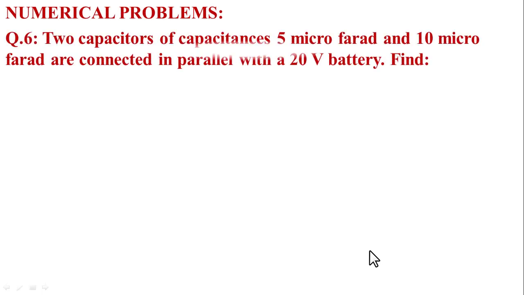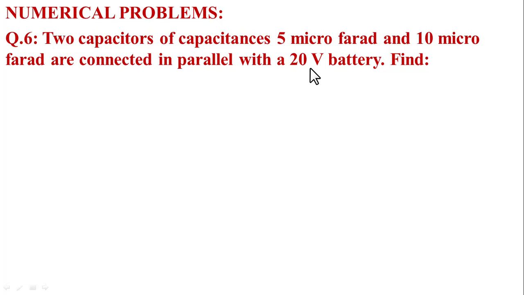Now in question number 6 of the numerical problems, the given statement is that two capacitors of capacitance 5 microfarad and 10 microfarad are connected in parallel with a battery of 20 volt.